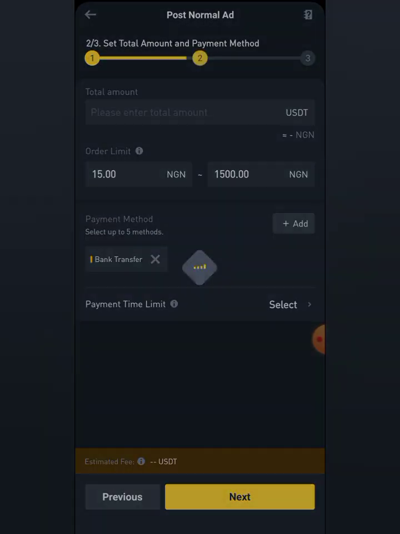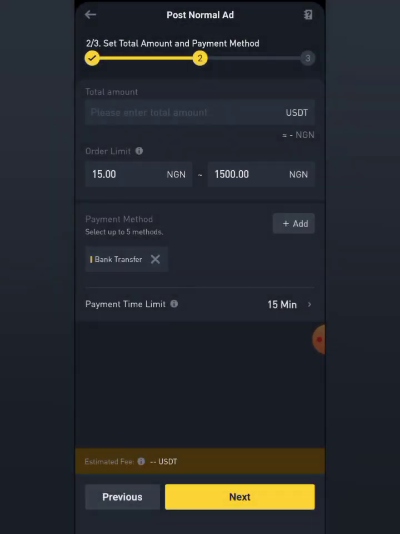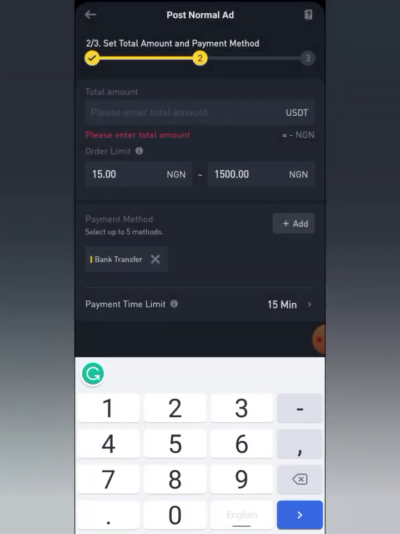Once you click on next, it's going to bring you to the next page where you set up the amount of USDT you want to buy. Depending on how much you have at hand, if you want to start this arbitrage, let's say you are starting with 50,000 or 100,000 naira. If you use 100,000 naira, remember, here is the USDT, not the amount.